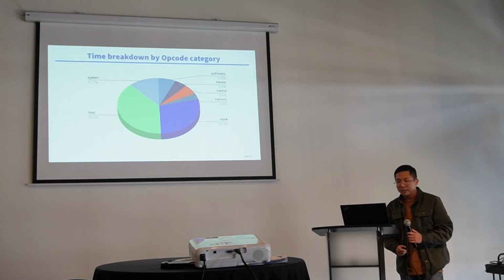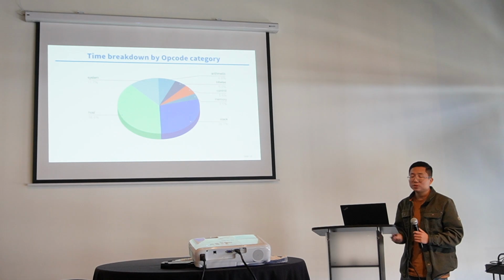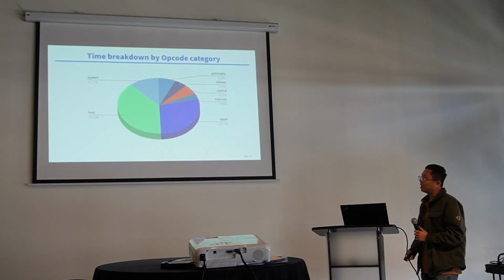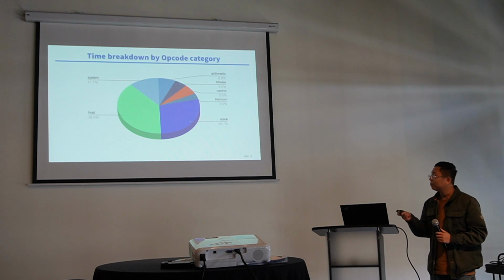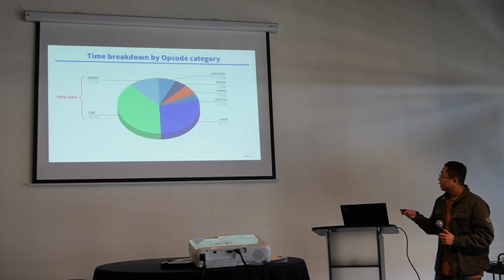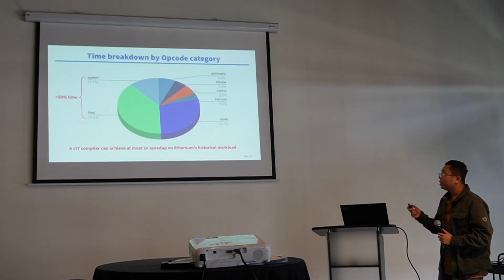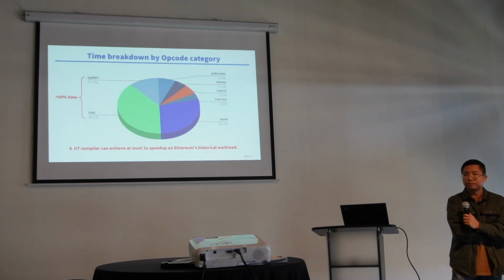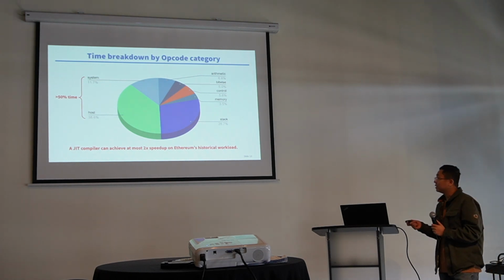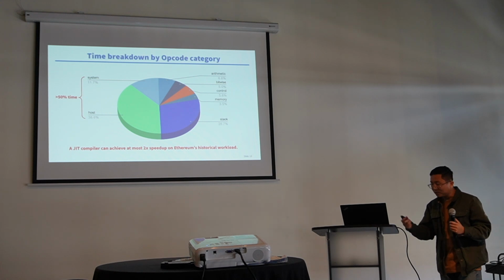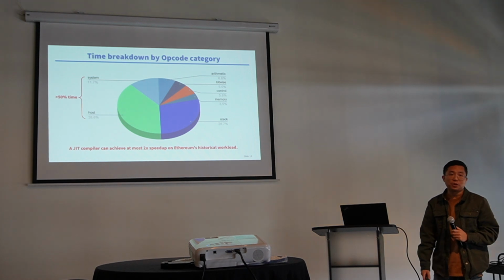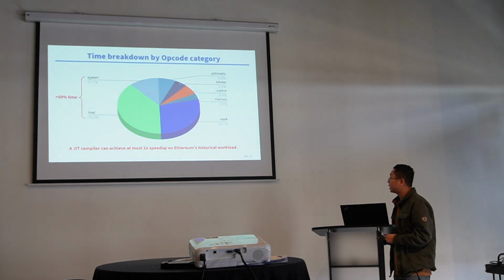So an interesting conclusion we can make here is that if we had, say, a JIT EVM compiler, it can only achieve at most a 2x speedup on the historical workload. The reason is that the EVM compiler can only accelerate the components on the right-hand side of this pie chart. So less than 2x speedup.